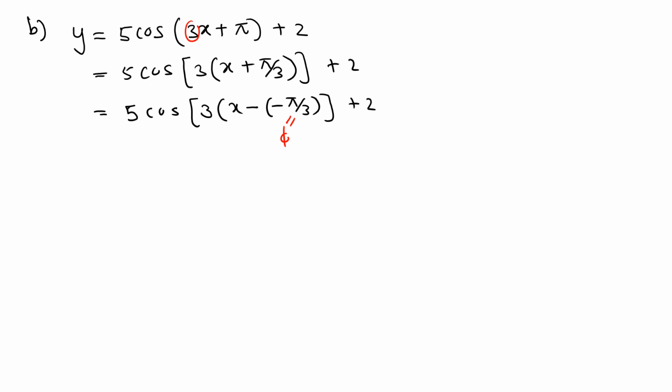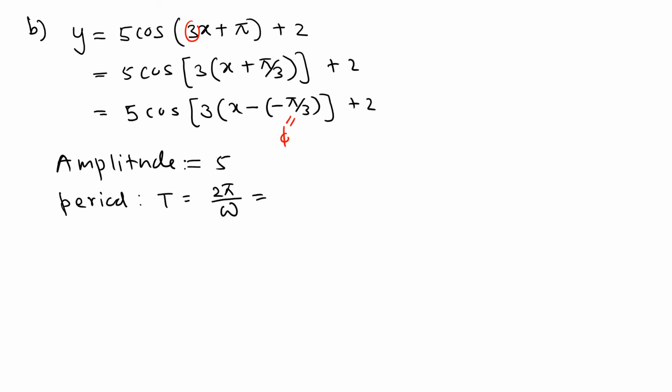Okay, so let's look at the steps now. It's very clear, so we can get the amplitude. The amplitude in this case is 5, which is positive, and the period T equals 2 pi over omega, which is 2 pi over 3.